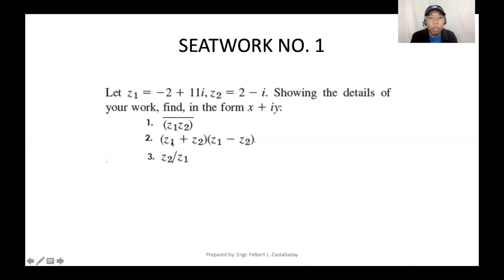Then you have the sum and difference, then multiply them, and finally the division. The password for your seatwork is A E M 2 0 2 1.